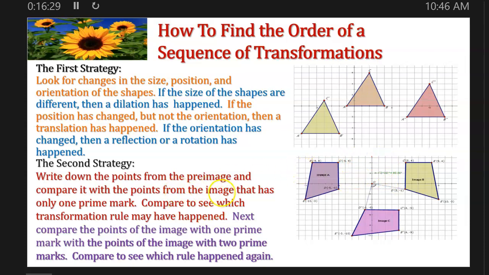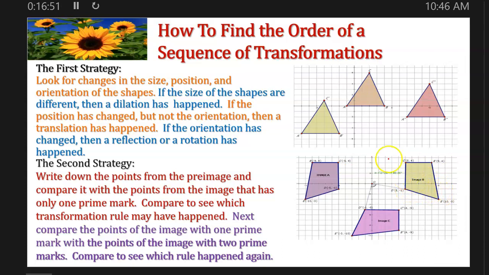And if we remember, the rule is that we change the x value to its opposite. So if you compare this C point, negative 5, 4, to this C point, 5, 4, the only thing that changed was the x changed to its opposite sign. And that's true for all of the points on this quadrilateral.